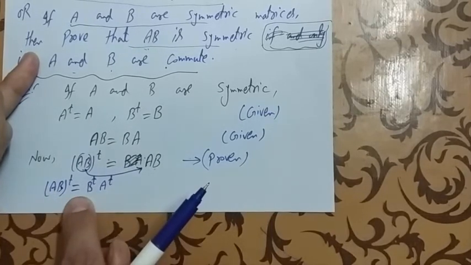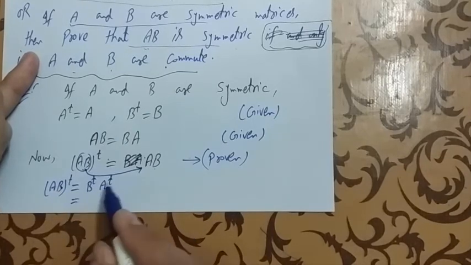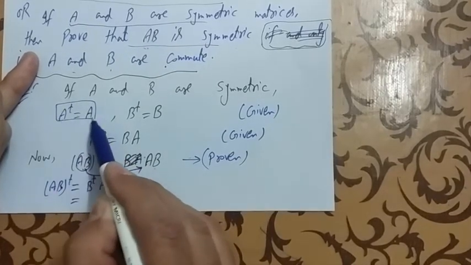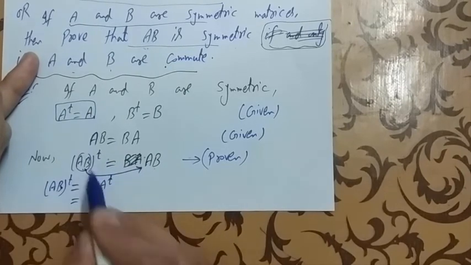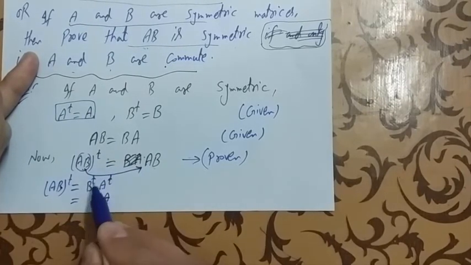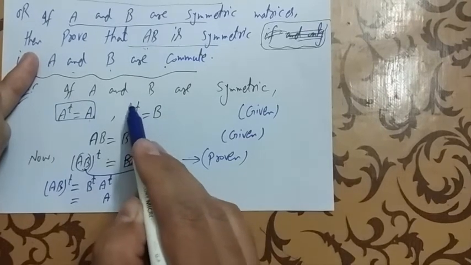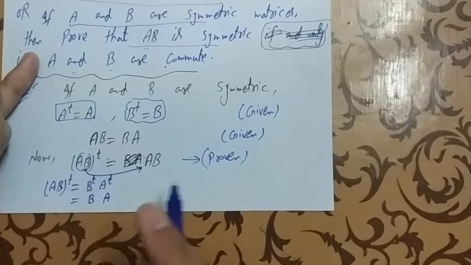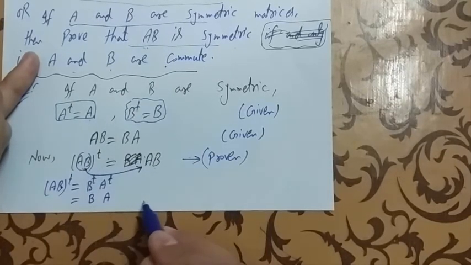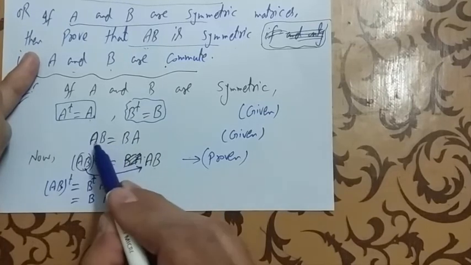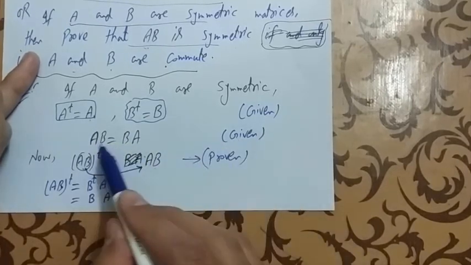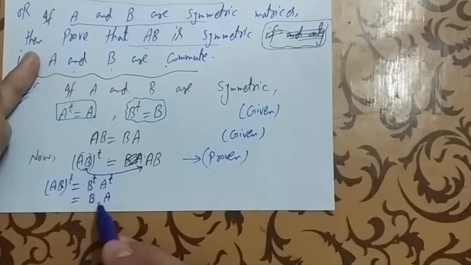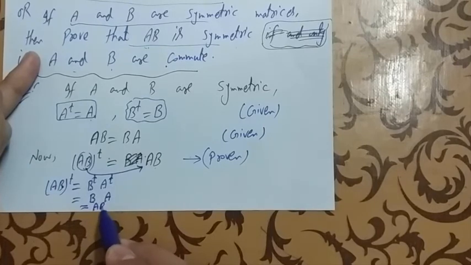A transpose is equal to A because this is given in the problem, and B transpose is equal to B. So we get BA, and AB is equal to BA, which is also given, so we write AB instead of BA.